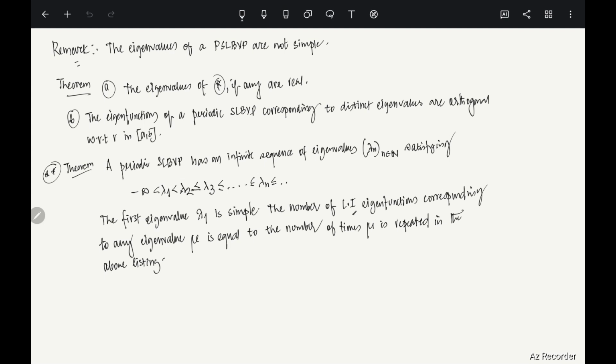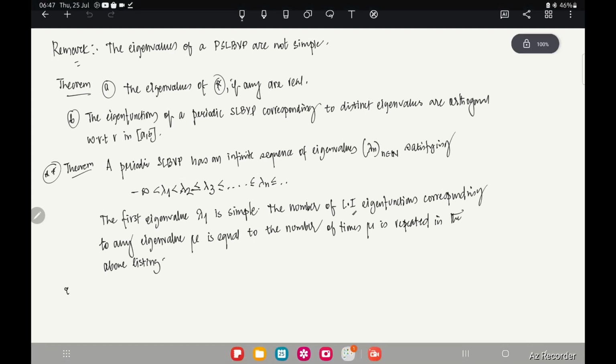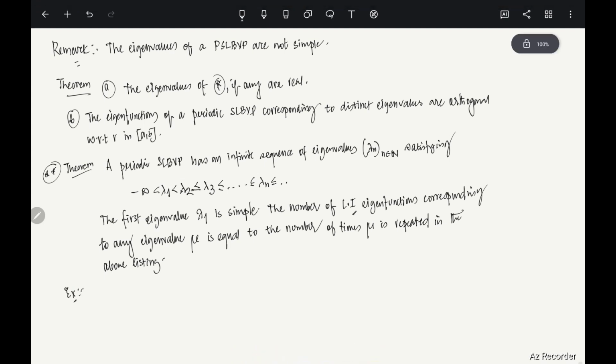Now I will finish this particular video with a problem which I want you to do yourself. Let's look at an exercise: y double prime plus lambda y equals 0, y at the point pi equals y at the point minus pi, and y prime at the point pi equals y prime at the point minus pi.